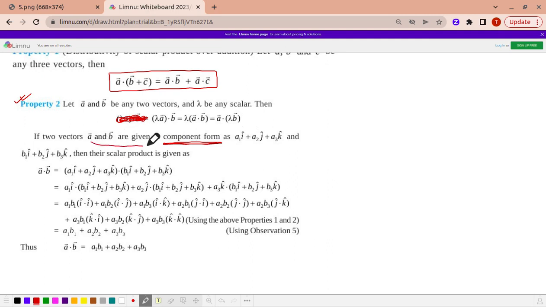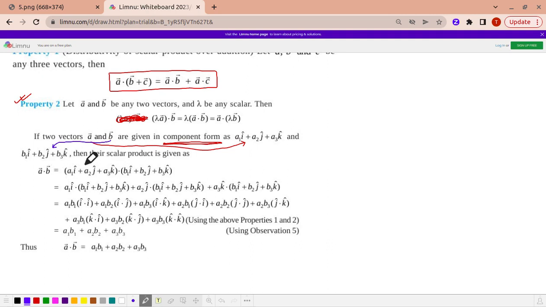And in the similar manner, B is equal to B1 i cap plus B2 j cap plus B3 k cap, where i cap, j cap, k cap are the unit vectors along x, y and z axis respectively, and obviously A1, A2, A3, B1, B2, B3 all are real numbers.